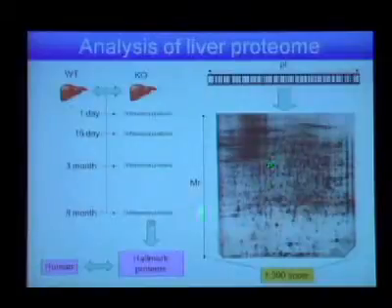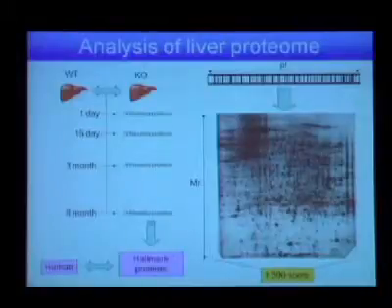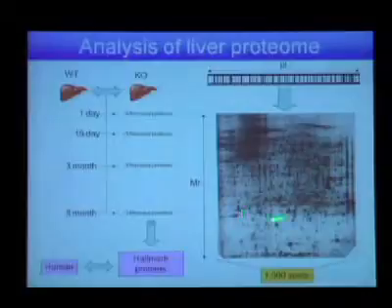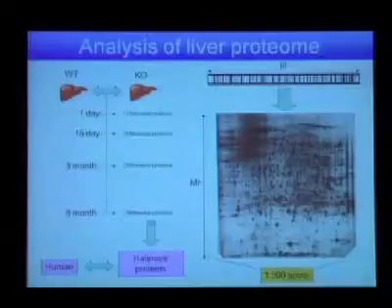So proteins are separated. We got something like these spot patterns, basically 1,500 spots, both for the wild type and knockout. We were able to compare these maps, leading to the identification of differential spots that could be identified as particular proteins by using different mass spectrometry approaches.